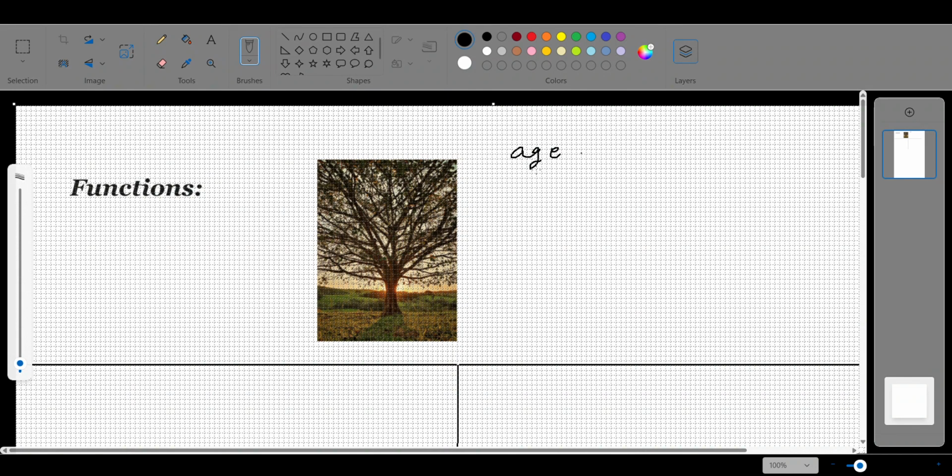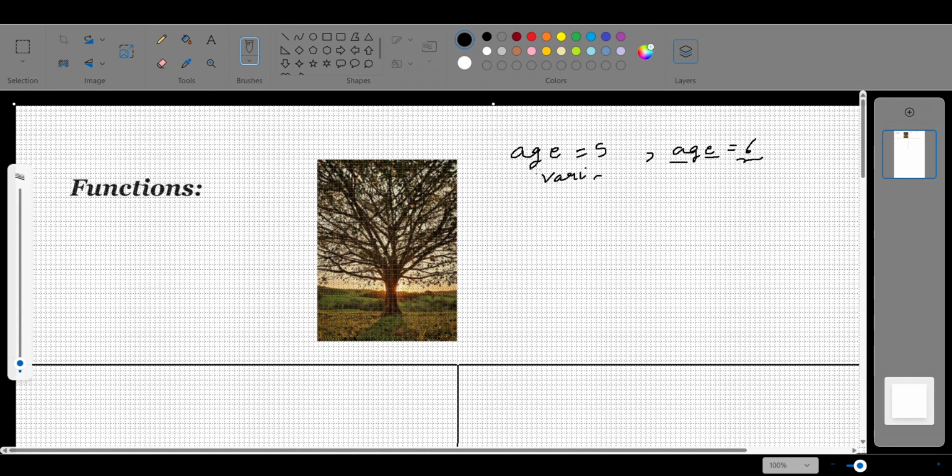So today, if the plant is 5 days old, age could be equal to 5. Tomorrow, if the plant is 6 days old, age could be equal to 6. So this representation of a number whose value keeps changing is a variable, right?